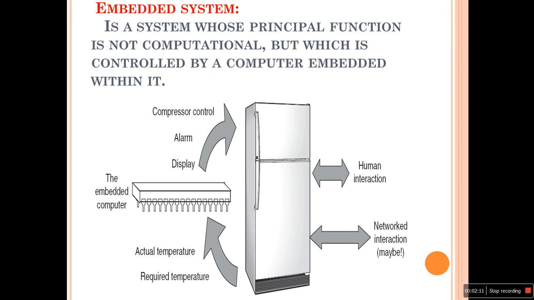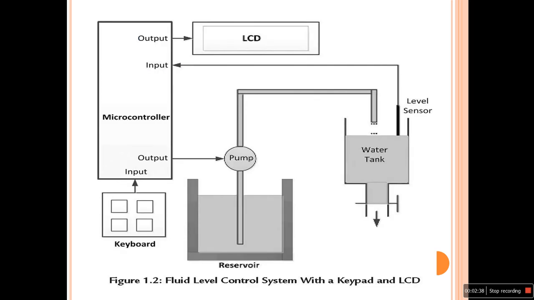What it does, it sends a signal to the compressor, and then the compressor will kick in and try to bring the temperature to the required temperature. And when that happens, it will stop. It will make the compressor stop, and then it will control it. So this is an example of an embedded system.